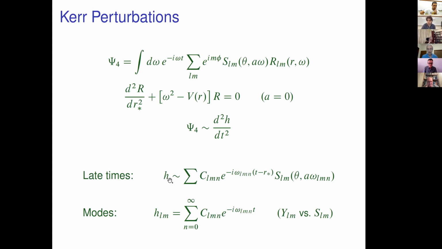If we look at the modes that LIGO observers will actually use to analyze their data, I replace the S by a Y_lm, and then the waveform will just be this superposition, the sum of the modes. The l and m are the spherical harmonic indices, and the n labels the eigenvalues of the radial equation, just like a radial quantum number.